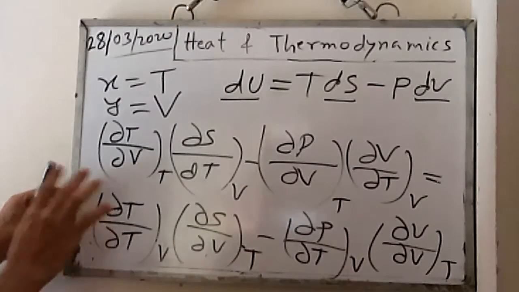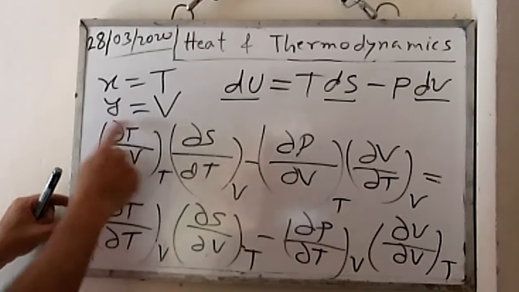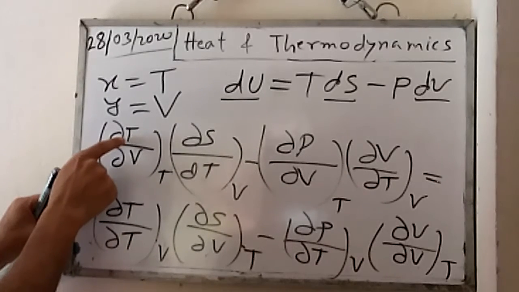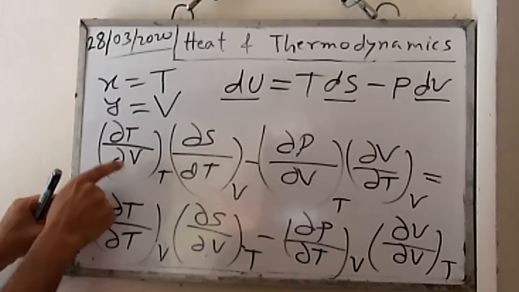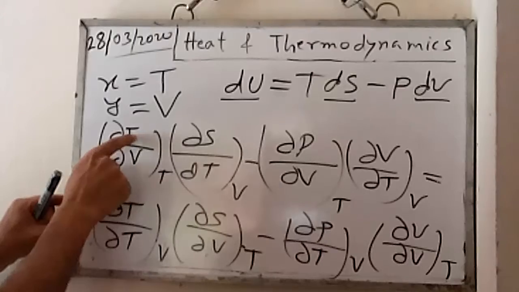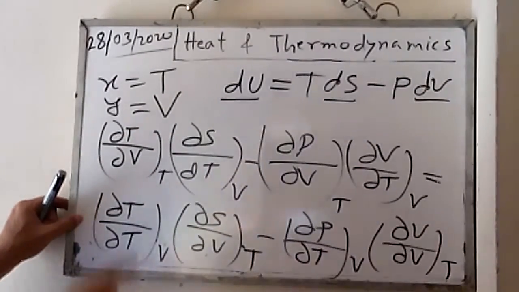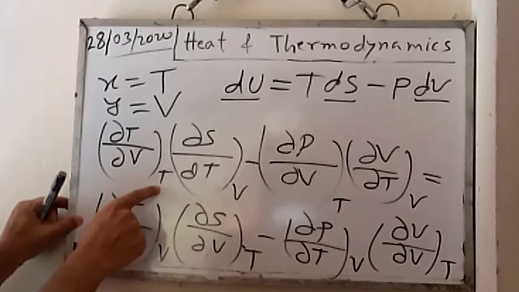at this equation, concern about this term, this is temperature is differentiated with respect to volume. So temperature and volume should be variable, but here T means T constant.